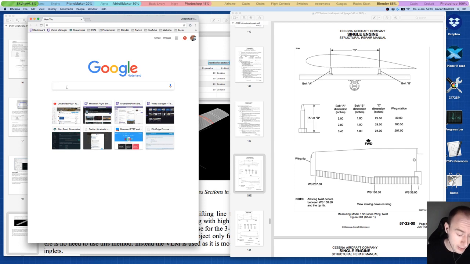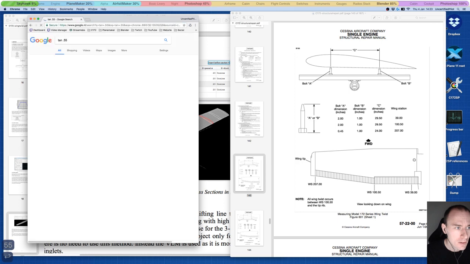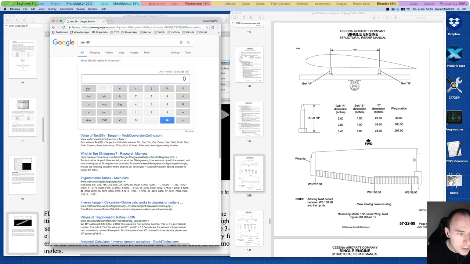So that would be... Let me just bring up some kind of calculator here. We should actually have the inverse tangent. Let me just do... It's 0.55. Let me see. And let's start all over. We do not want radians, we just want degrees.